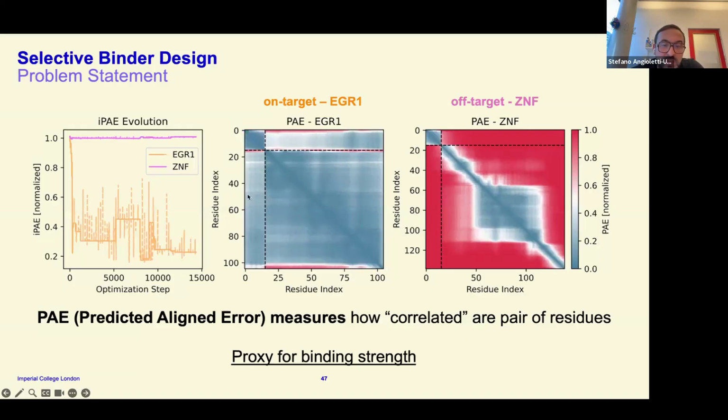As you can see, there is a very small predicted aligned error between the binder and the target protein, EGR1, and there is a very high predicted aligned error, so a very low energy of interaction, between the residues of your binder and the residues that correspond to the non-target protein, which is exactly what we wanted to achieve.